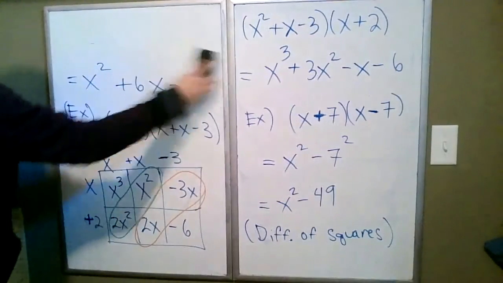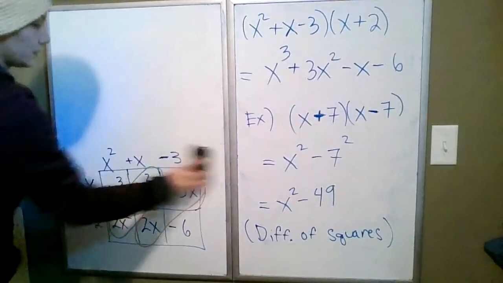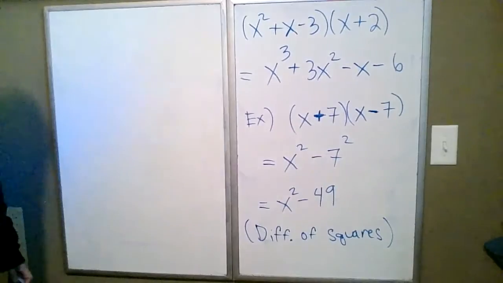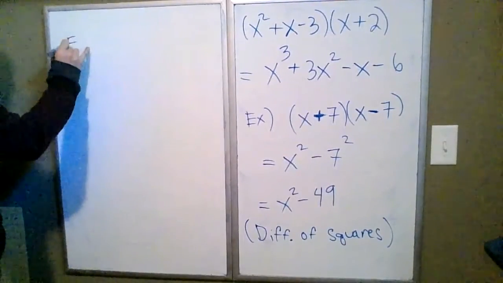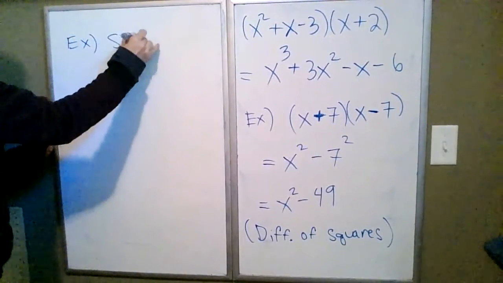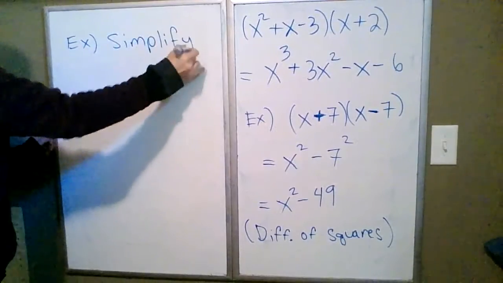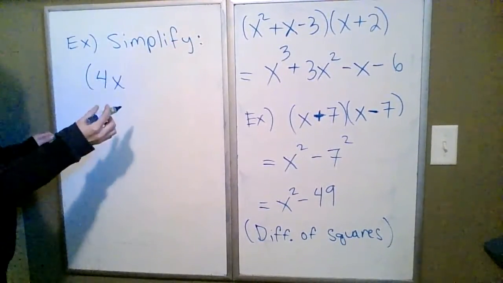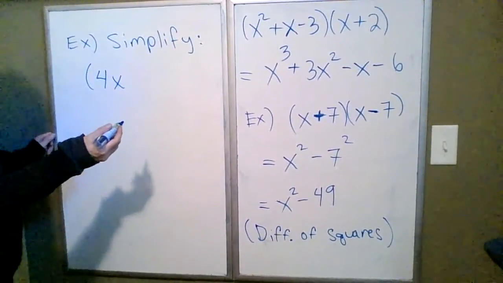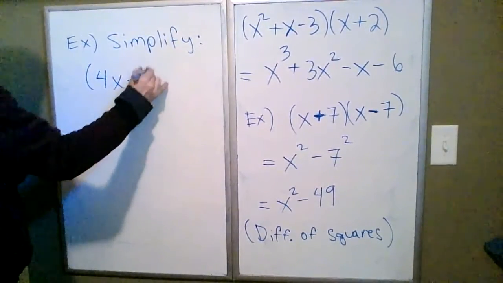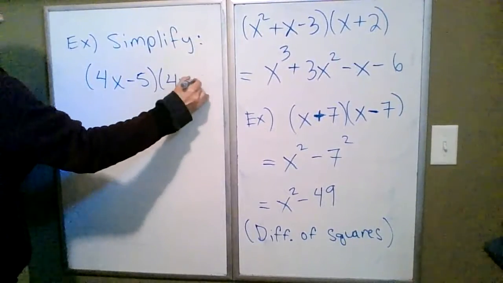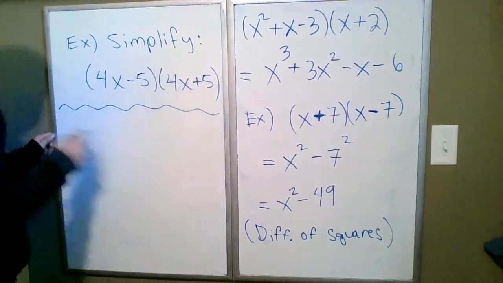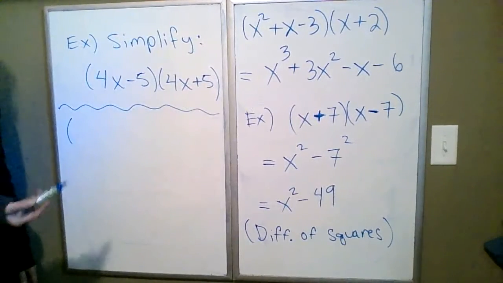Let's do 4x minus 5 times 4x plus 5. So just copying this down.